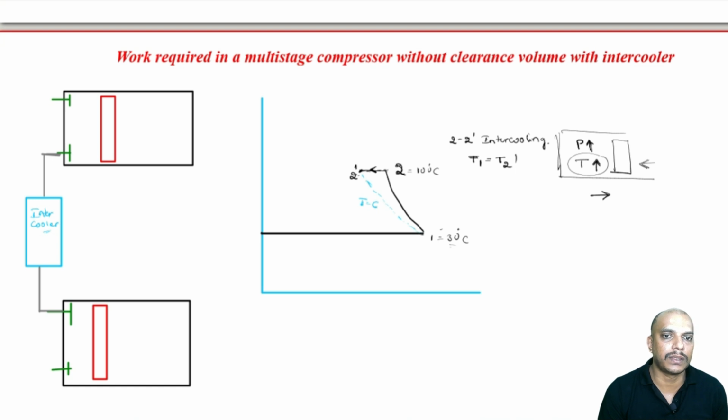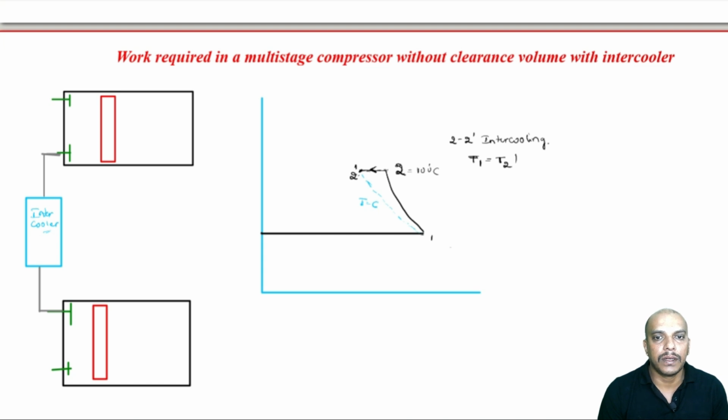I mean, 1 to 2 dash is not a process line. It is just a constant temperature line showing that T1 is equal to T2 dash if the intercooler is perfect. So that is what intercooling is: T1 must be equal to T2 dash. Intercooling brings down the amount of work required for compression because temperature is brought down.